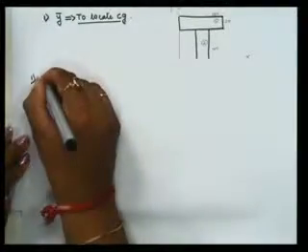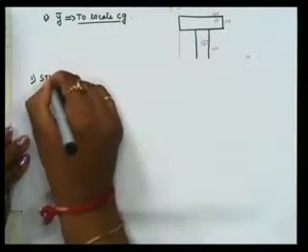Now we come to the next part, that is we have to calculate the moment of inertia, right? Now to calculate the moment of inertia, again we have to prepare our table. Okay, what is that table? First is standard shape.